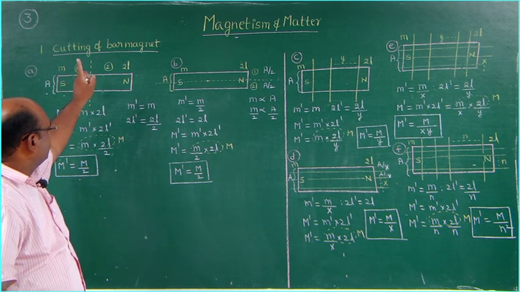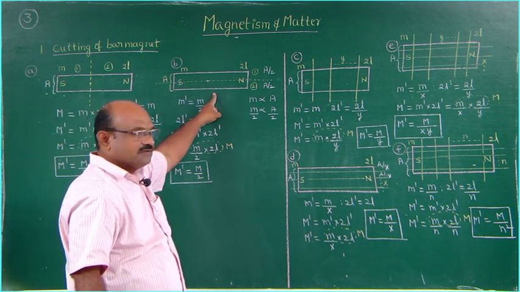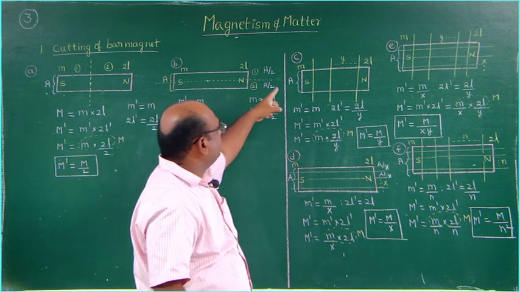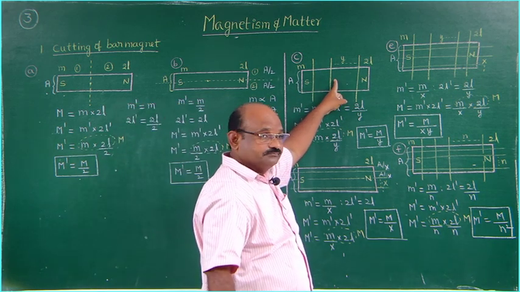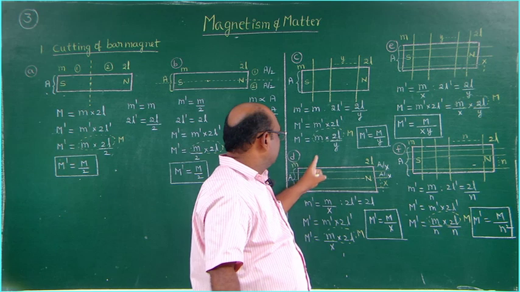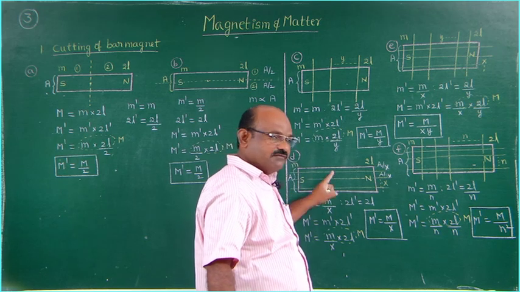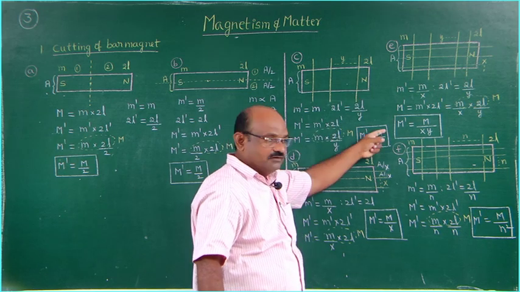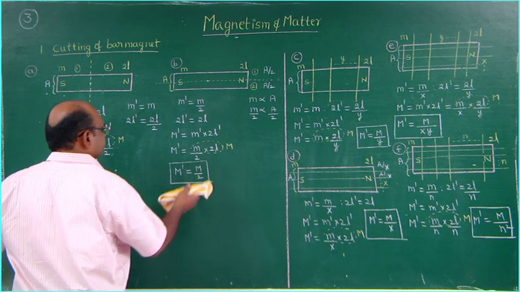These are the various cases during cutting of a bar magnet. In the first case, y cutting. Second case, x cutting. In the C case, y cutting, y equal pieces. In the D case, x cutting, x equal pieces. E and F, I explained clearly.